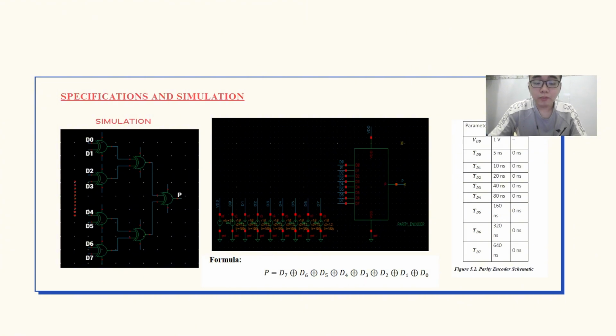In this part of the experiment, I will present the simulation result of the 8-bit parity encoder or generator element in Cadence Virtuoso.